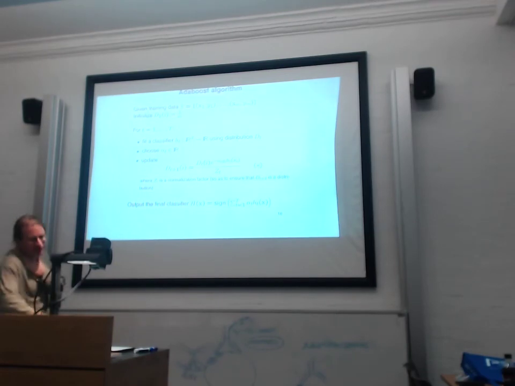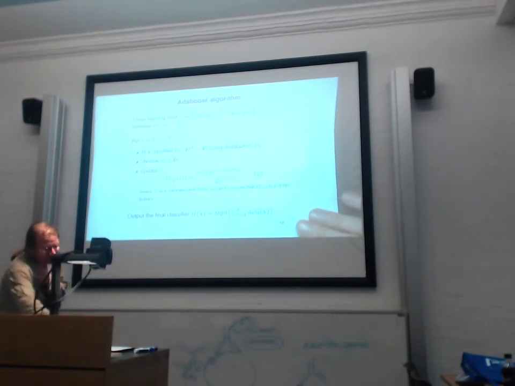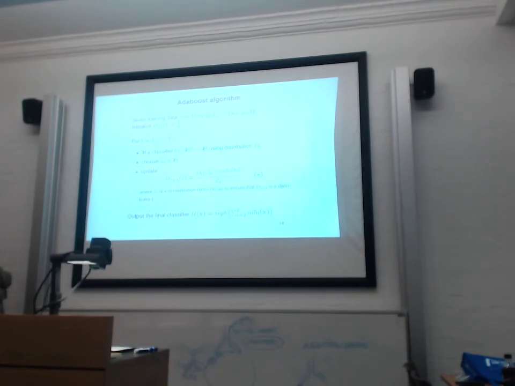So the boosting algorithm works as follows. We have a set of data. X's are our instances, Y's are our labels. We're going to maintain a distribution over examples, which I'll denote with D_t(i), associated with each potential example.